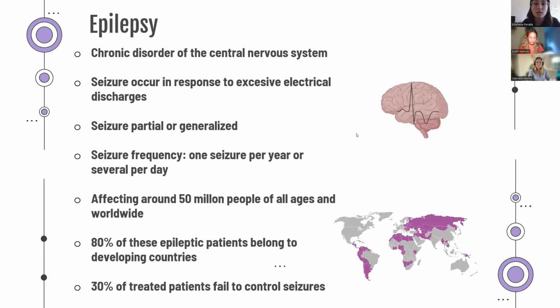Depending on where these excessive discharges begin and how they spread in the brain, they give rise to different types of seizures, from very brief absences or mild muscle contractions to prolonged and severe involuntary movements. Their frequency can also vary from one crisis a year to several a day in extreme cases.